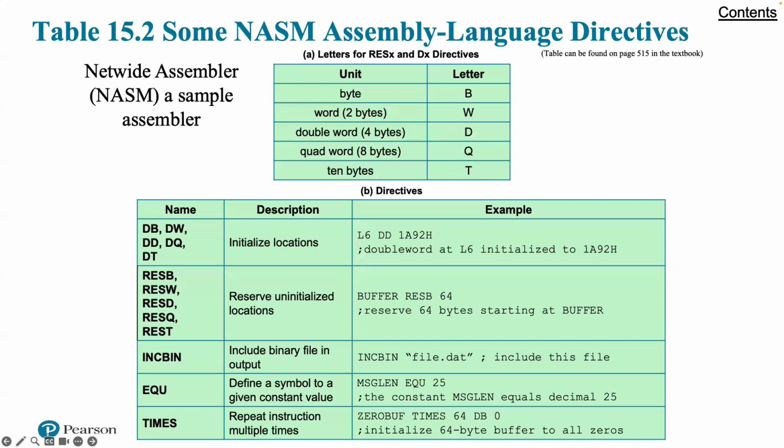I'm not going to spend too much time on this, but the Netwide Assembler, NASM, is a sample assembler. It's not x86, it's not ARM, but it has some of the characteristics that will be seen in those two particular architectures.